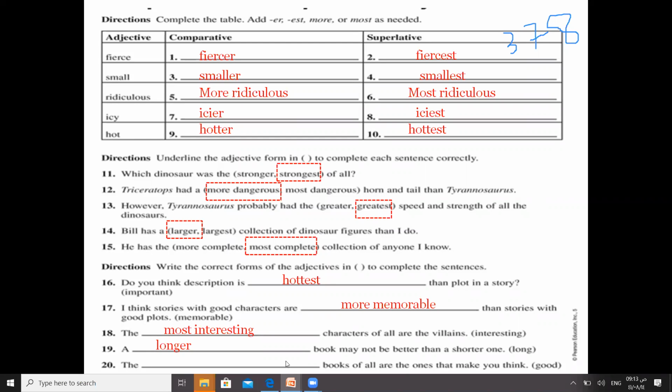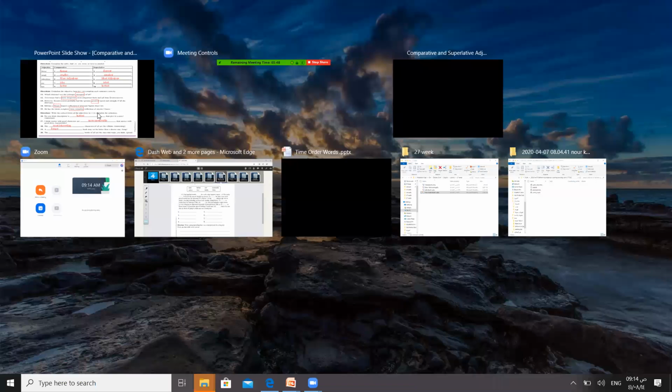Better or best? What do you think? Best, for sure, because better is when I'm comparing between two, best when I'm comparing more than two. So here I have superlative, so I will use best.